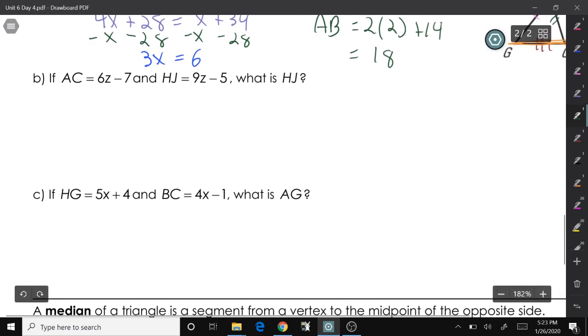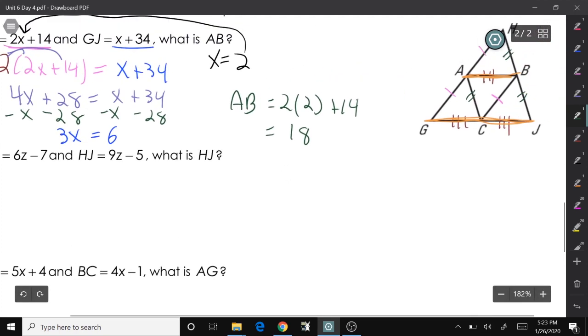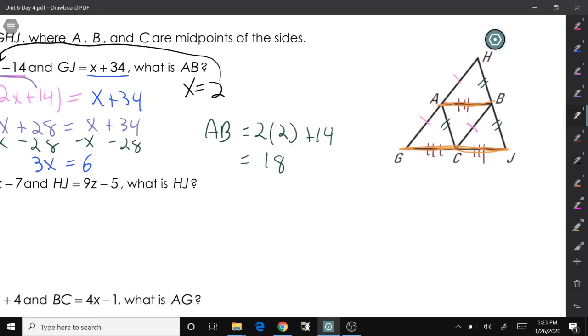Alright, letter B. It says AC is 6z minus 7 and HJ is 9z minus 5. What is the length of HJ? So let's see how those are related. AC and HJ.